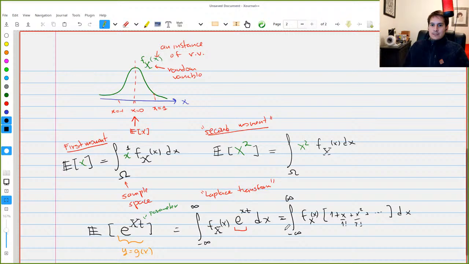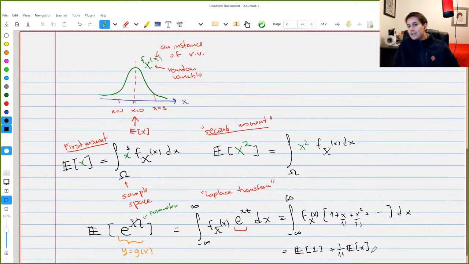And you can separate this as the moment 0 plus 1 divided by 1 factorial, the first moment times t.